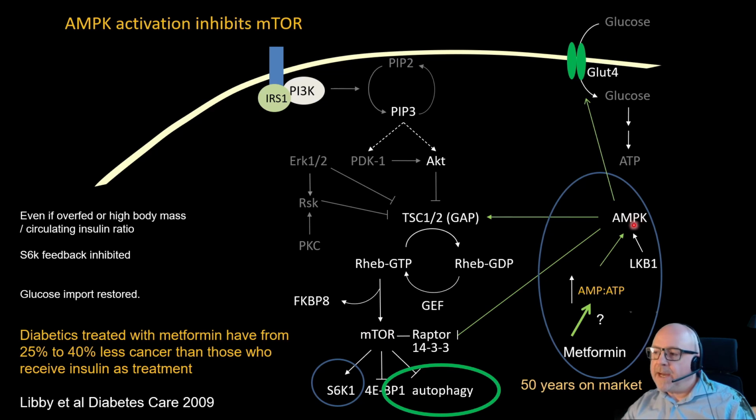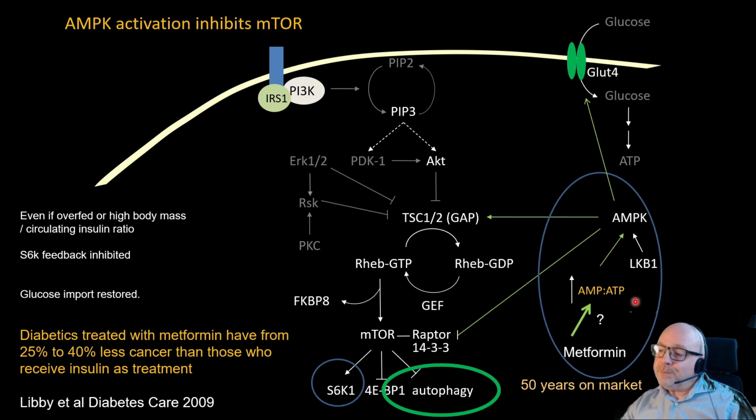And AMPK, when activated, for example, when ATP levels are low, will inhibit the TOR complex 1. And what's important on this figure is that AMPK activation actually gives us an alternate route to trigger the translocation of GLUT4 containing vesicles to the cell surface.